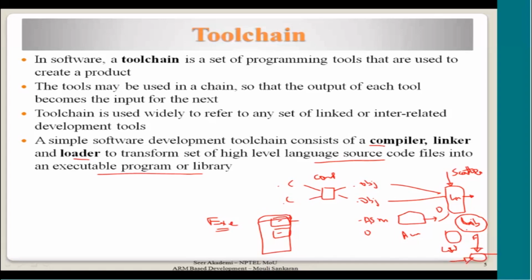So a library is not an individual executable because it needs to be connected to another set of code to generate an executable. But it's an intermediate executable, I would say. So we could do any of these things based on what the input to a particular tool is and what you want to do.